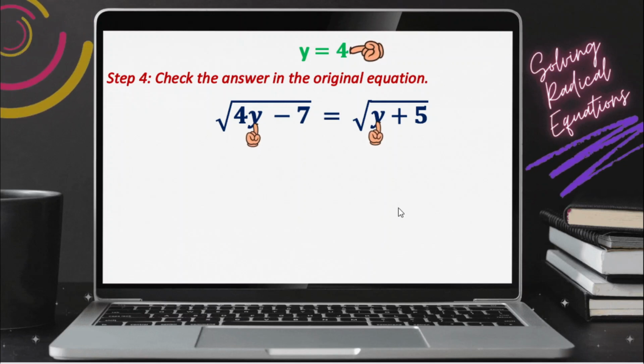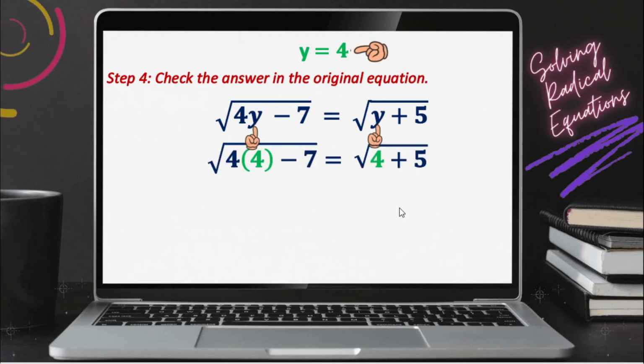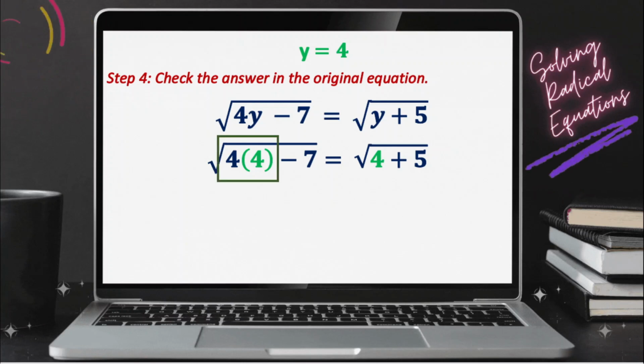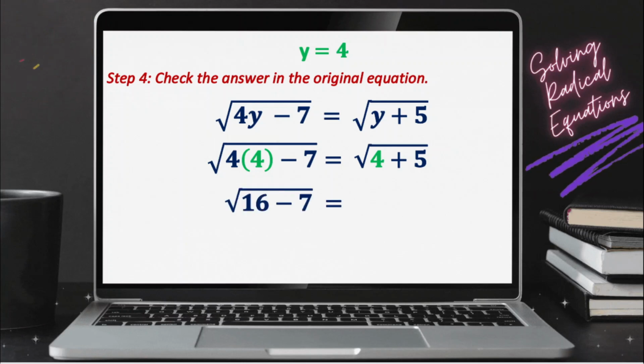Substitute natin si 4 kay y. So, magkakaroon tayo ng square root of 4 times 4 minus 7 is equal to square root of 4 plus 5. 4 times 4 is 16.